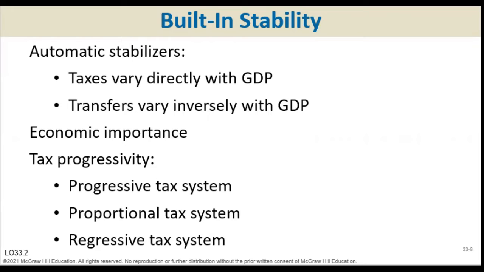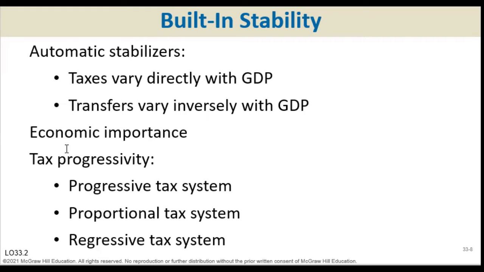The size of the automatic stability depends on the responsiveness of changes in tax to changes in GDP. The more progressive the tax system, the greater the economy's built-in stability.